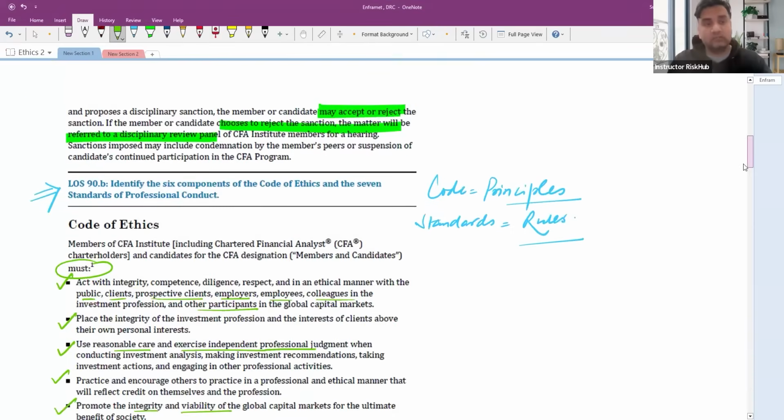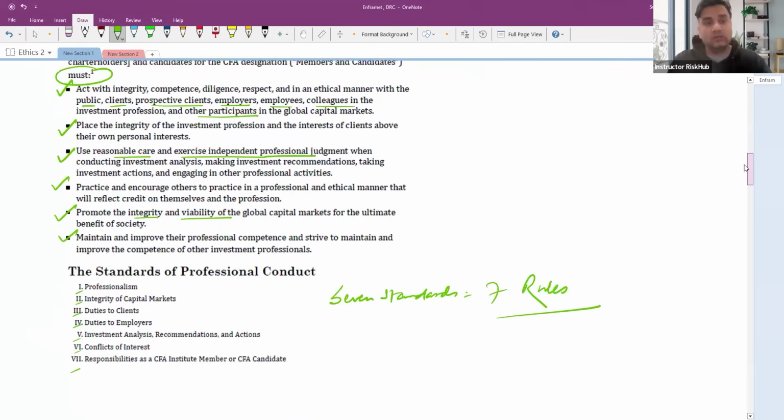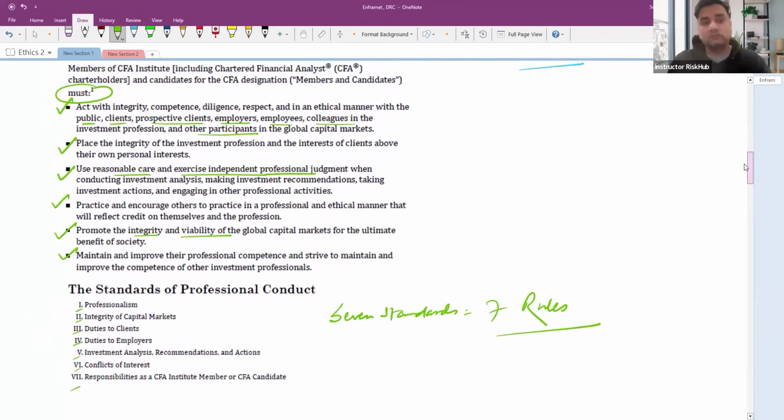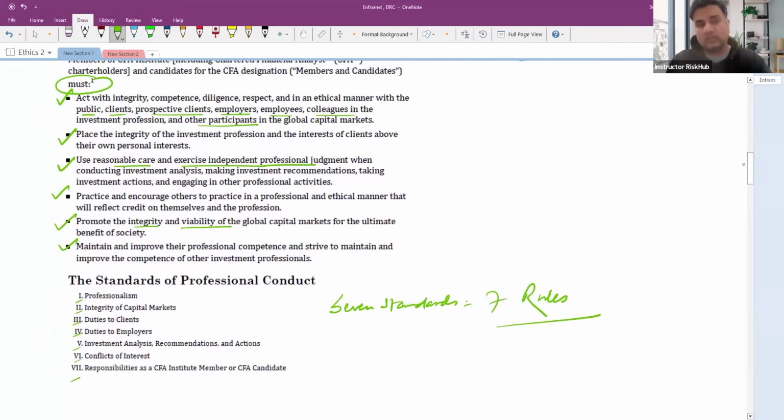The code of ethics is more about: act with integrity, place the integrity of the profession first, use reasonable care, independent judgment, practice and encourage ethical conduct, promote the integrity of capital markets, and maintain and improve professional competence.